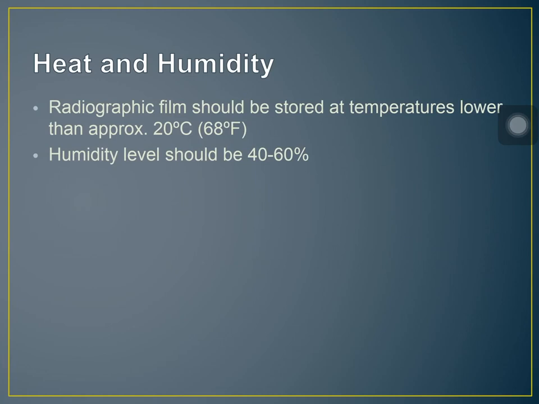Static artifacts have three types or three patterns. We have crown, we have tree, and smudge artifact. I think the one that is from a humidity level, hindi ako sure, I think that is the crown.